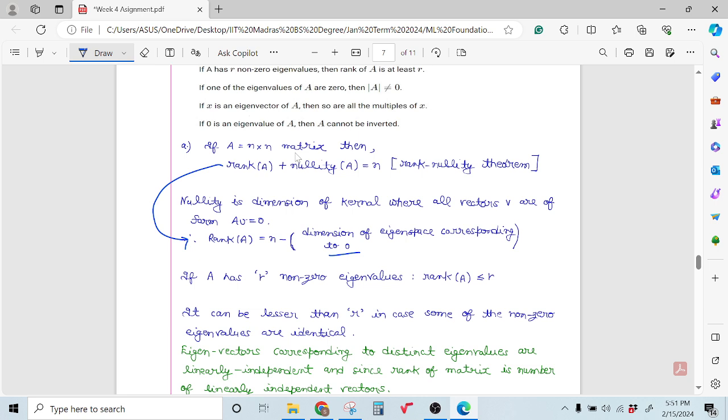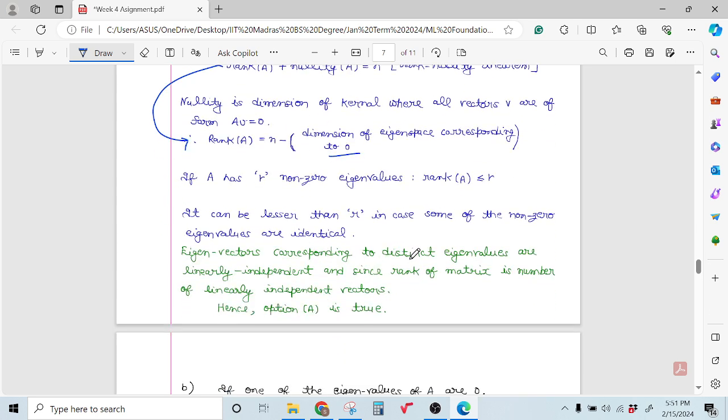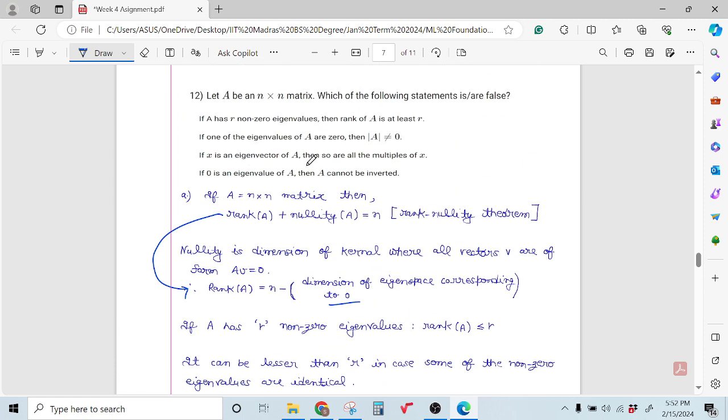The eigenvectors corresponding to distinct eigenvalues are linearly independent, and since the rank of a matrix is the number of linearly independent vectors, option A is true, because it says if A has r non-zero eigenvalues, the rank of A is at most r. So it can be less than r, so it is correct.